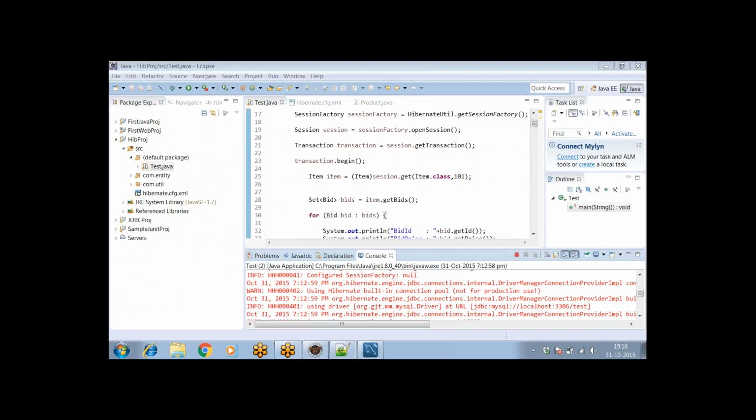To avoid unnecessary loading of the objects, it follows this lazy loading strategy here.